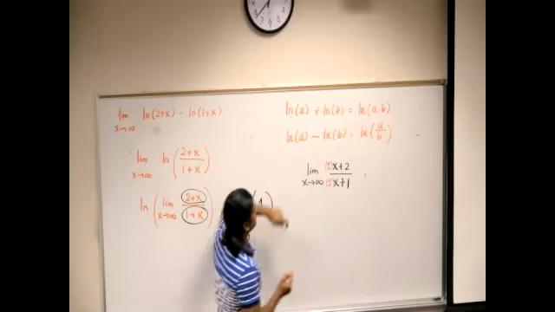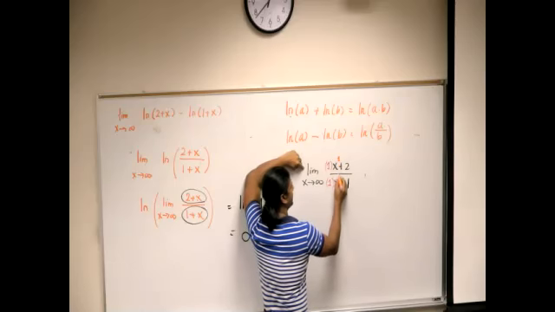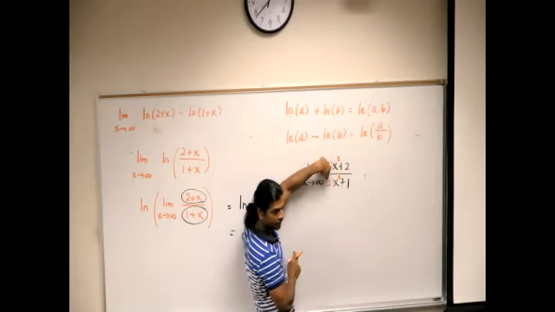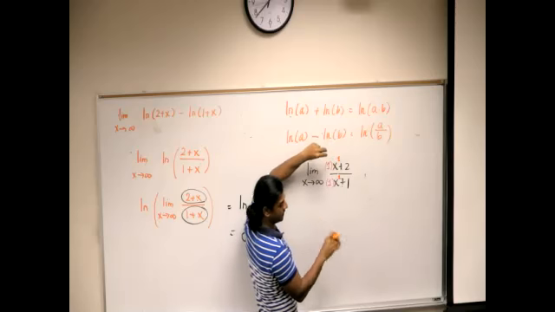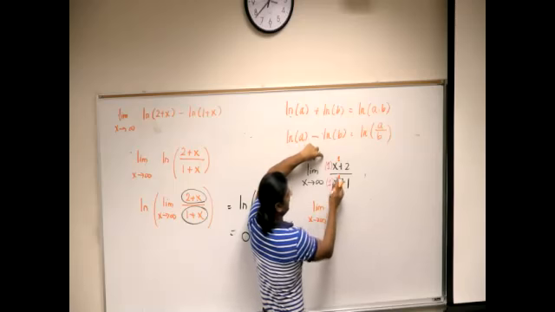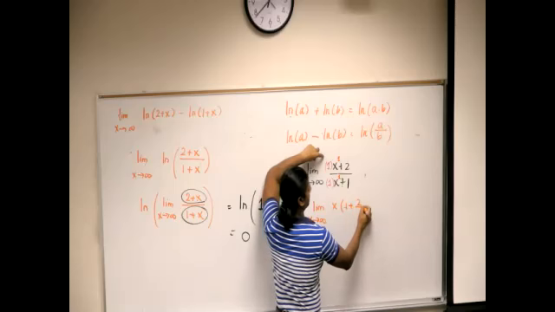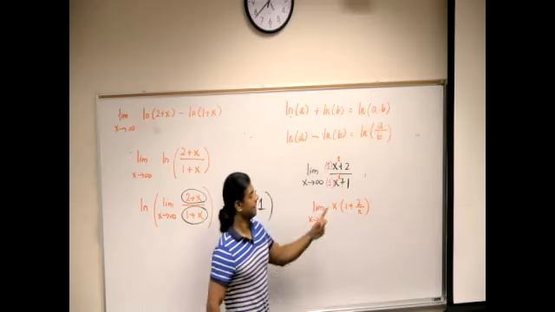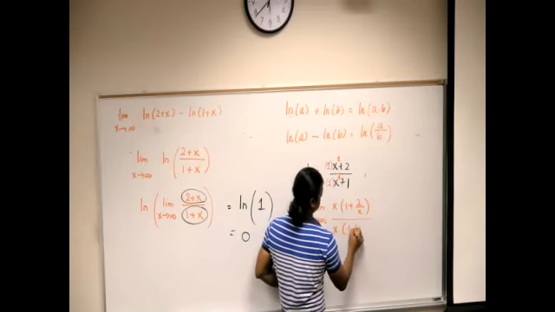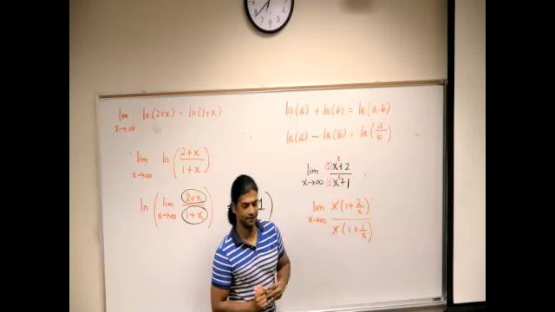Okay, so if you have a polynomial over a polynomial and the degrees match, all we have to do is divide their coefficients. That's it. That will be the horizontal asymptote. What is the rationale behind it? If I pull x out of the numerator, I will get 1 plus 2 over x. If I pull x out from the denominator, I will get 1 plus 1 over x. The x's will get cancelled.